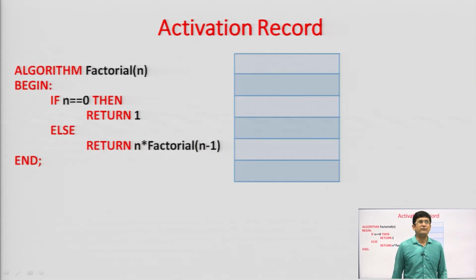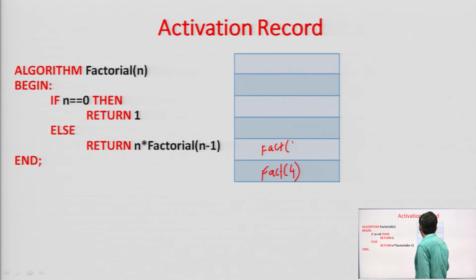For example, let us say we have a factorial function. This factorial function is called for a variable n, and let us say we are computing factorial 4. So, we are allocating the space for the activation record of 4, and this will be calling factorial 3, and factorial 4 will be pending by then.